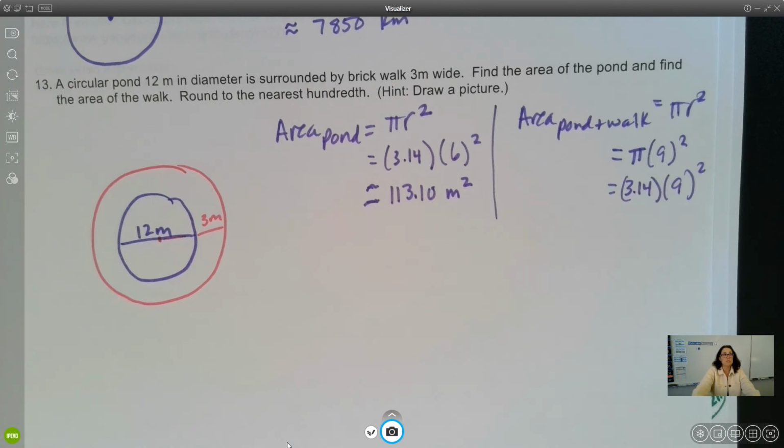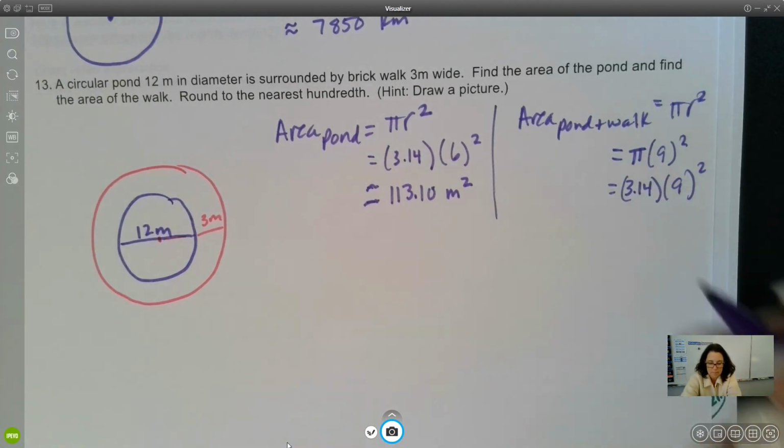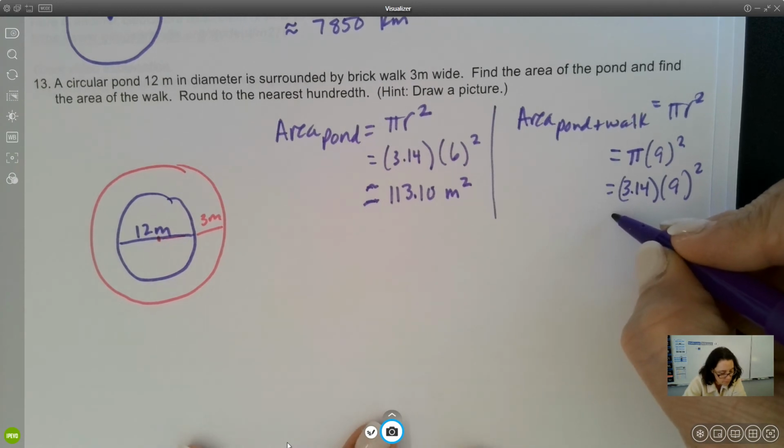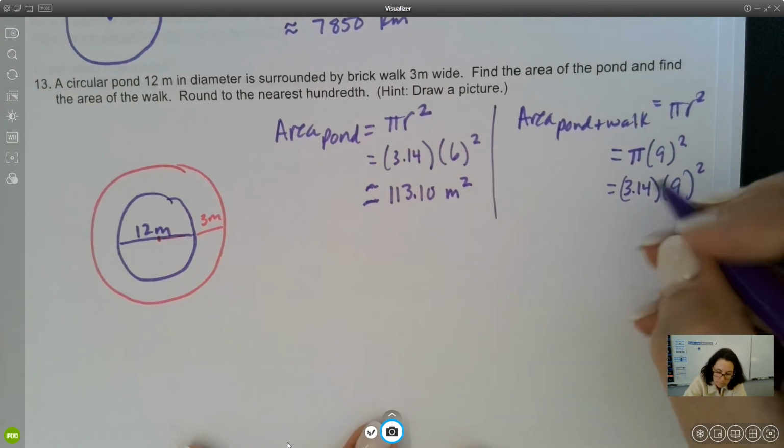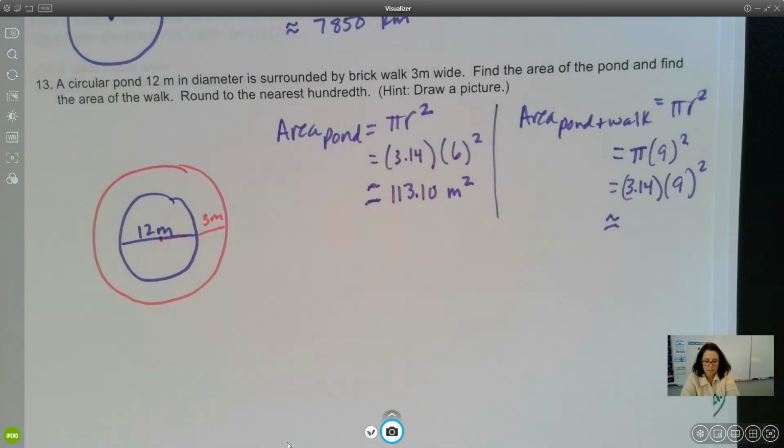You're going to do 9 times 9, and then times 3.14. And that comes out to be roughly, I didn't get an equivalent. Let me do that one in the calculator. 9 times 9 times 3.14. 254.34.